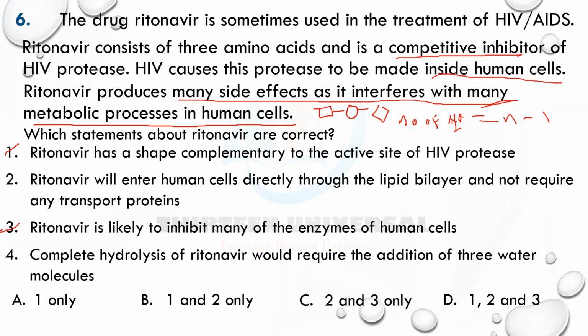The number of amino acids here is 3, so that will be 3 minus 1, which is 2. So if you do complete hydrolysis, you will not get 3 water molecules, you get 2. So that makes 4 wrong. The answer is 1 and 2.